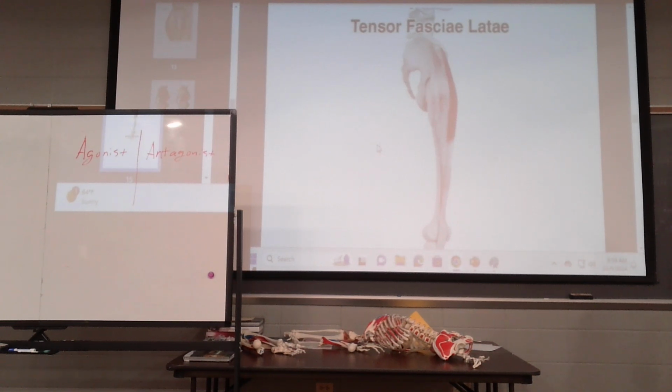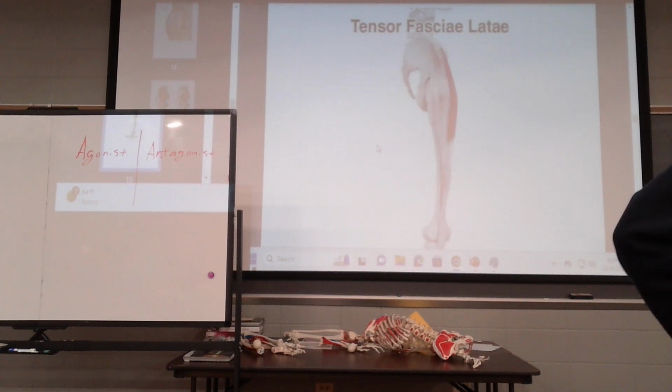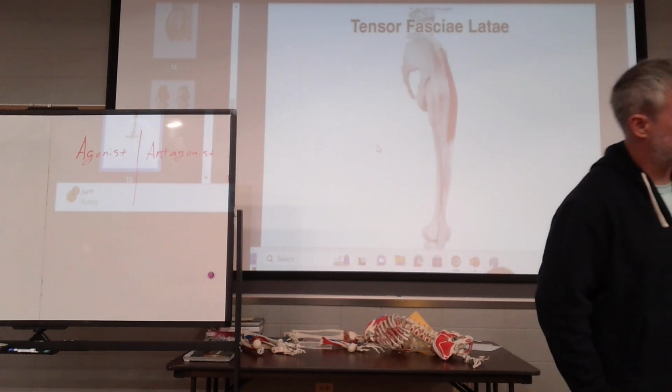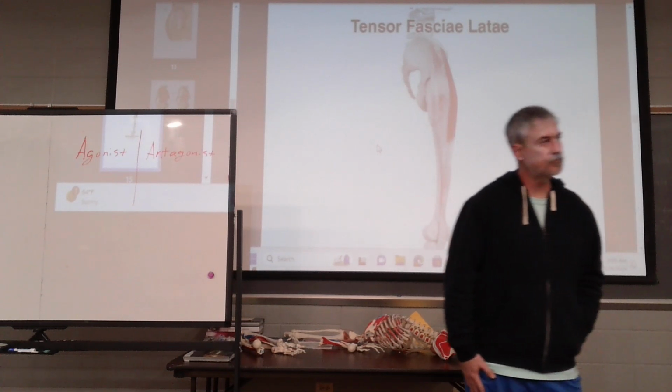All right, first of all, this is a muscle. Has anybody ever had or worked with people that have IT band syndrome, iliotibial band problems? So you have this big band of tissue laterally on your leg.